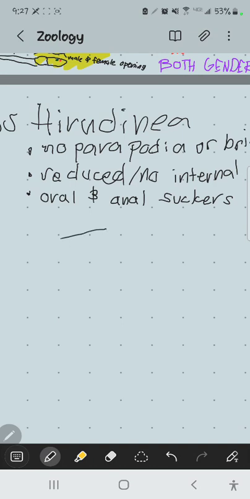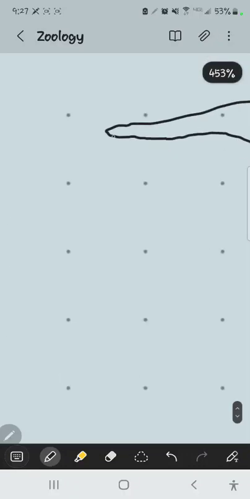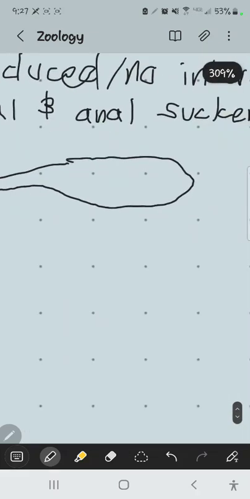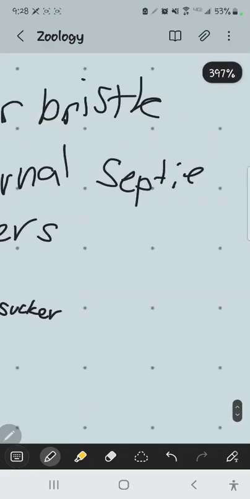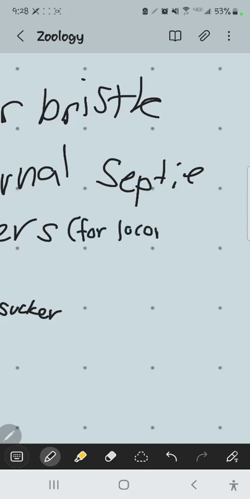And the segmentation is superficial; it's all on the surface, not internal. So here's what a typical leech might look like. Here is the oral sucker, and here is the anal sucker. And they use these for locomotion. They'll anchor themselves with their anal sucker and push their head end out, and then they'll latch on with the oral sucker and then pull their rear end forward.